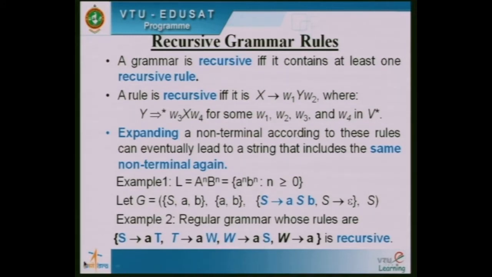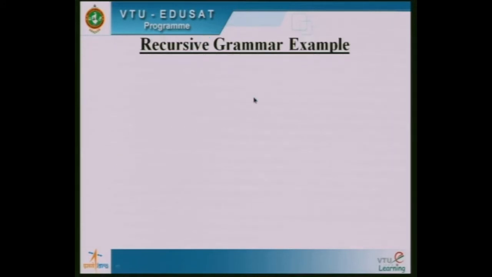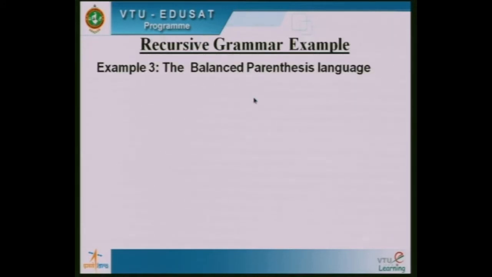Hence these rules are called recursive rules, and the grammar is recursive if it contains at least one recursive rule. One more example we can see, wherein we go for balancing the parentheses. In many programming languages, we go for balancing the parentheses.